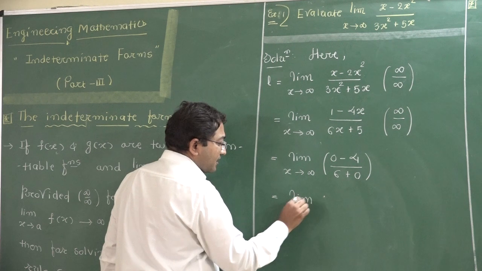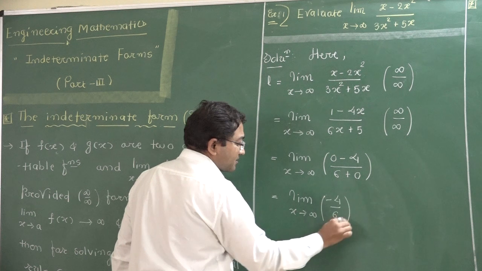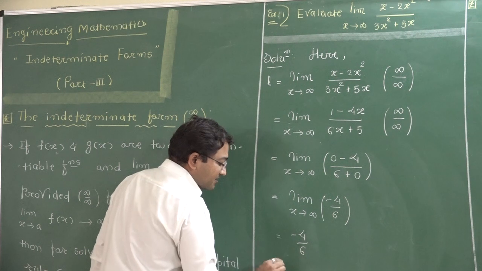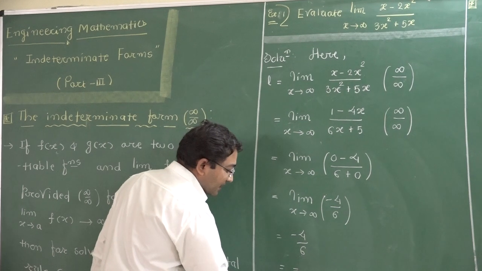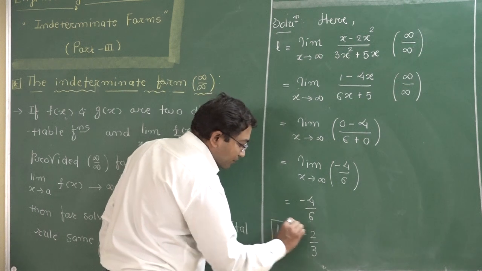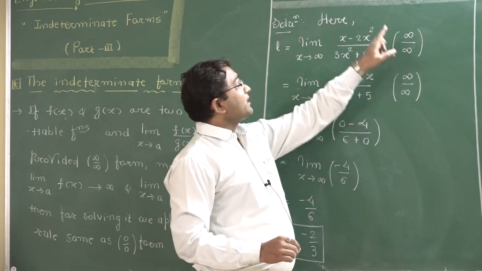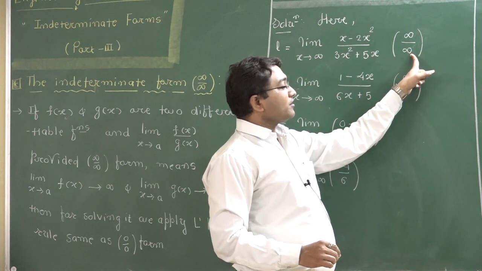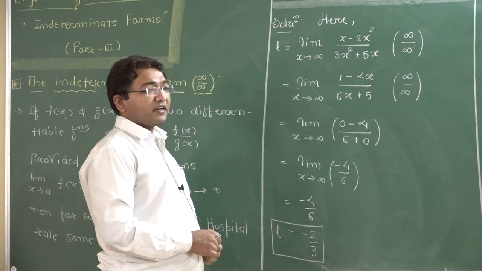So that is limit x tends to infinity of minus 4 by 6, which is again minus 4 by 6. Cancel the common factor from numerator and denominator, we get minus 2 by 3. So that is our limit, minus 2 by 3. So in this case, we learn how to evaluate the limit of the given function where it gives the infinite upon infinite form. That is the way we evaluate the limit of the infinite upon infinite form.